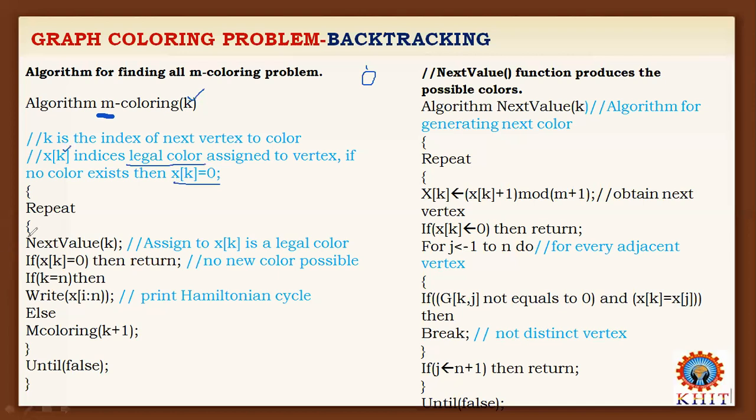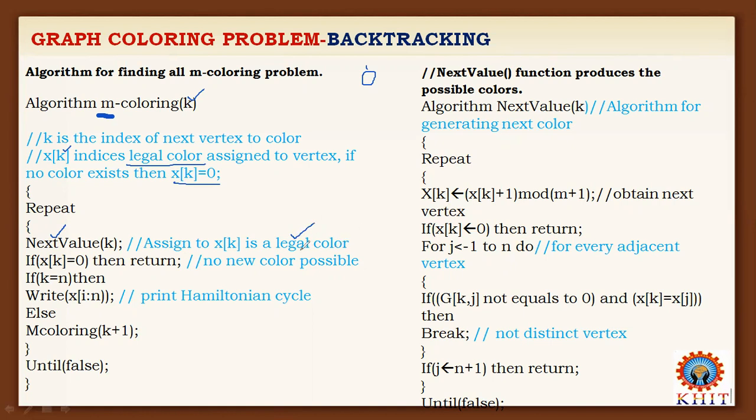Then you need to calculate the next value. Always try to identify which new color you need to fill the vertex with. That is the question. At each and every stage, we need to think once again about which legal color to assign to the given vertices.